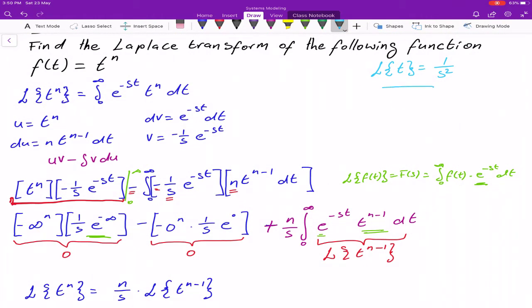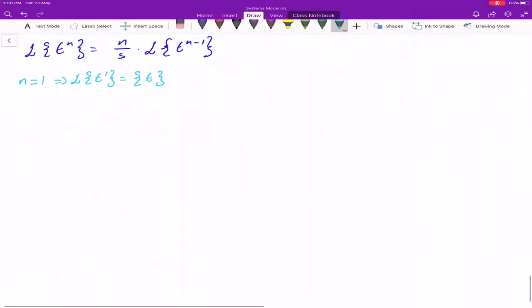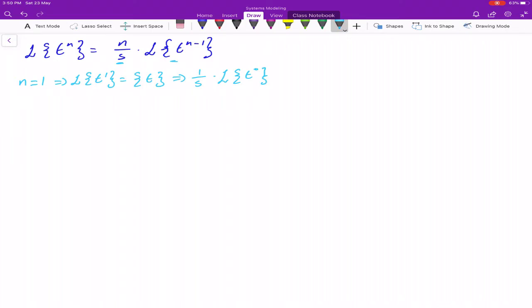So this implies that n is 1, which is 1 over s, times the Laplace transform of t to the n minus 1. If n is 1, this is 1 minus 1, which is 0, and t to the 0 is 1. So we have 1 over s times the Laplace transform of 1.